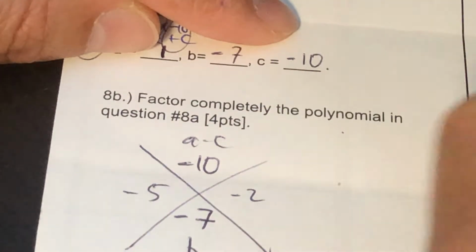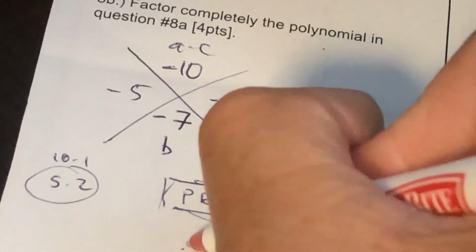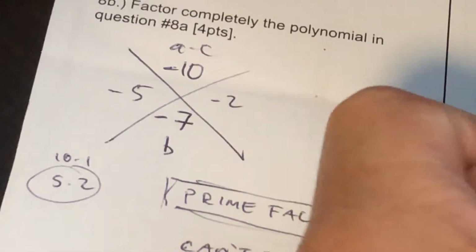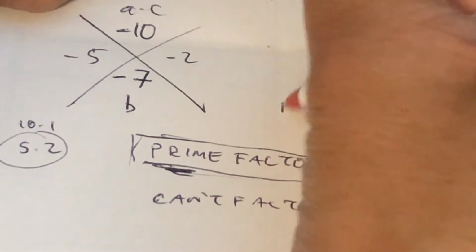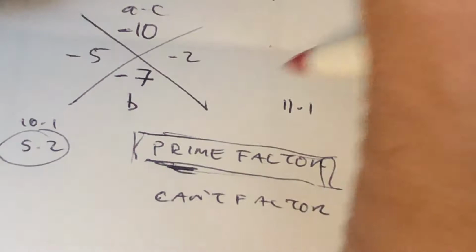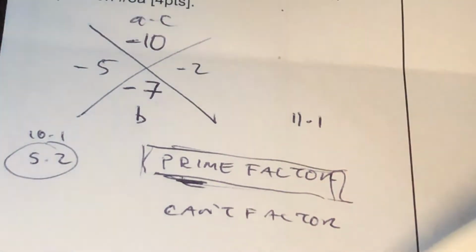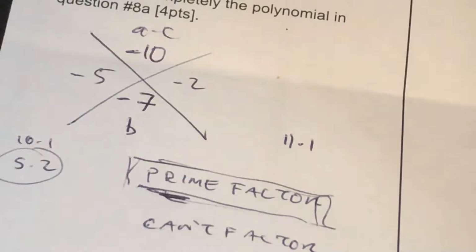It basically means you can't factor this. How do I describe prime? Again, that's like a prime number, like 11. 11 cannot be broken down into other factors. It's just 11 in itself and 1. So I can't factor anymore.